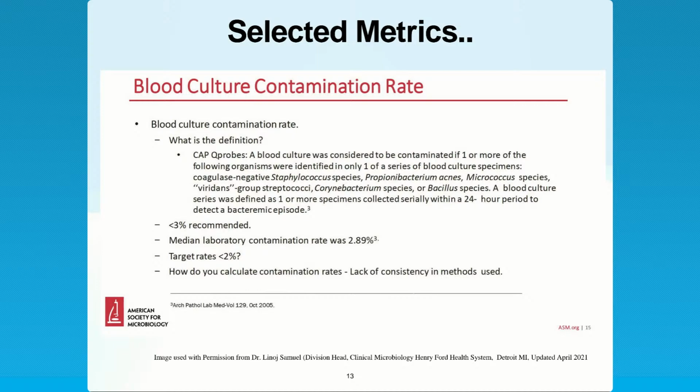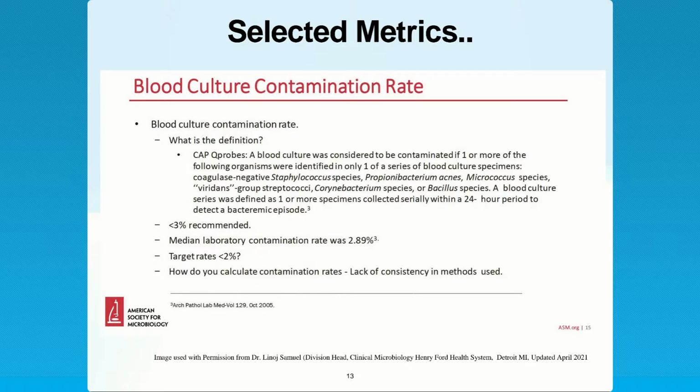And so we looked at blood culture contamination rates. So blood cultures are commonly used as a way to diagnose sepsis. They are important because a contaminant or a skin contaminant is not indicative of sepsis. It's indicative that you drew the blood culture incorrectly and you probably didn't clean either the bottle or the patient's site.